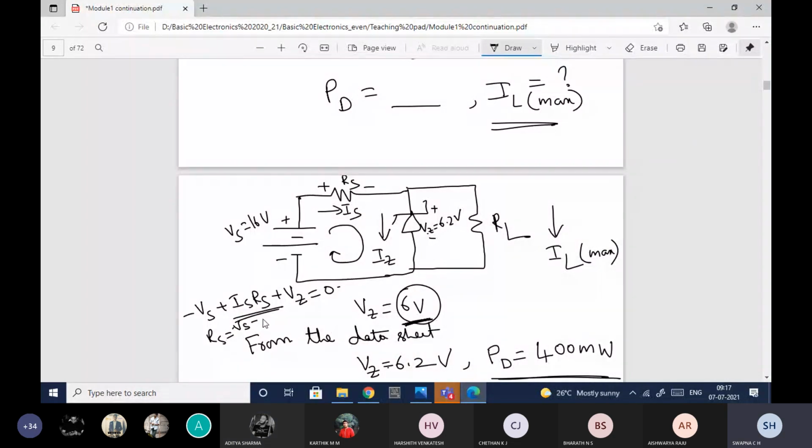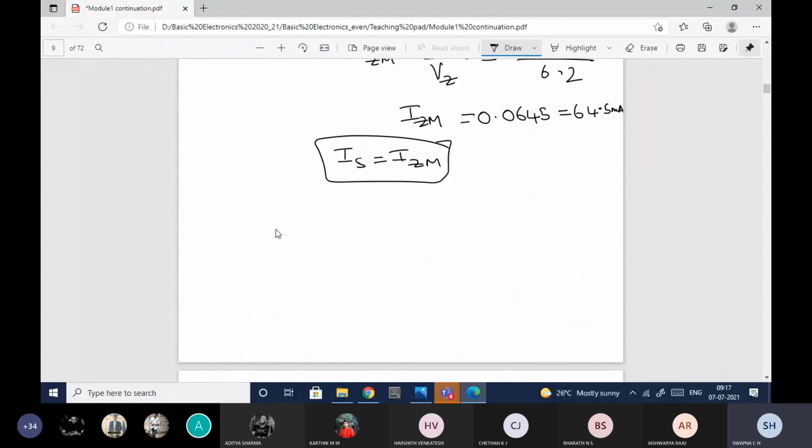RS is equal to VS minus VZ divided by IS. Let me use the same formula to find RS. So RS is equal to VS minus VZ divided by IZM.